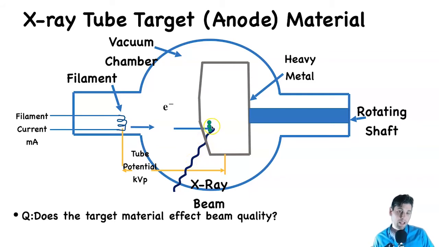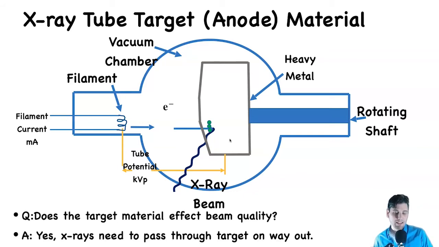And as they're coming out of that material, they're interacting with the anode material itself. They can be attenuated as they're coming out. And again, lower energy photons are going to be more attenuated. So if this material is more attenuating, it is going to lead to a spectrum with a higher average energy, because those lower energy photons are going to be more likely to be stopped in the anode.